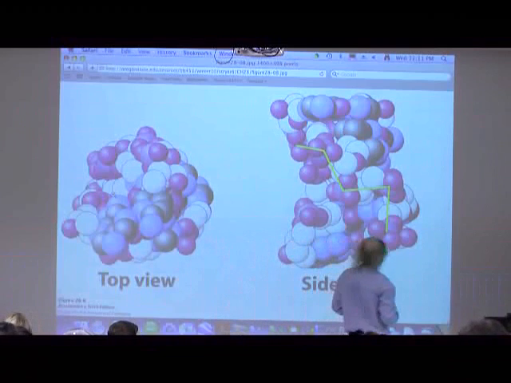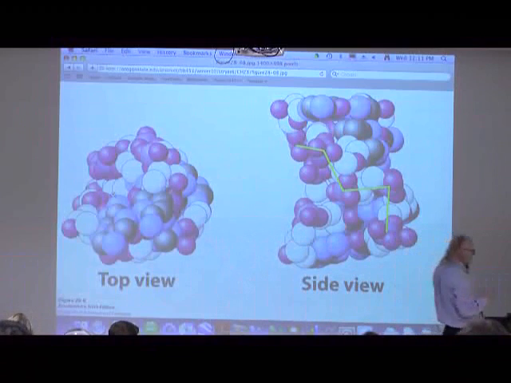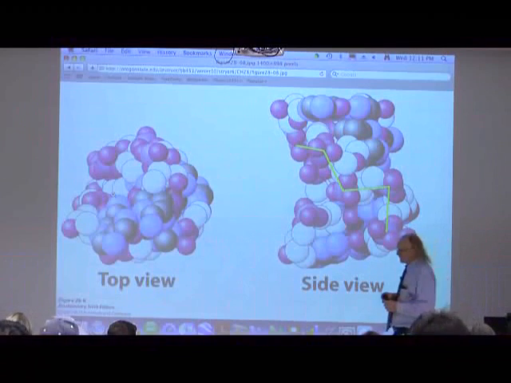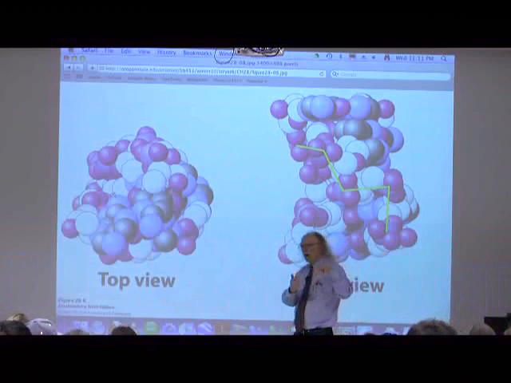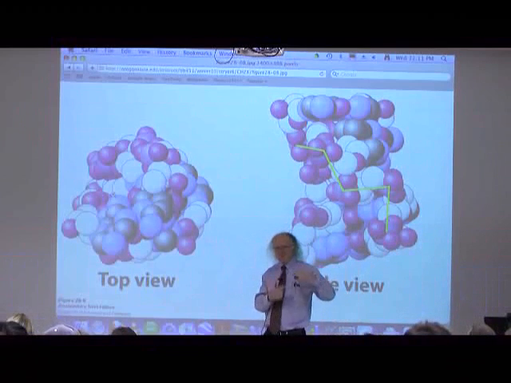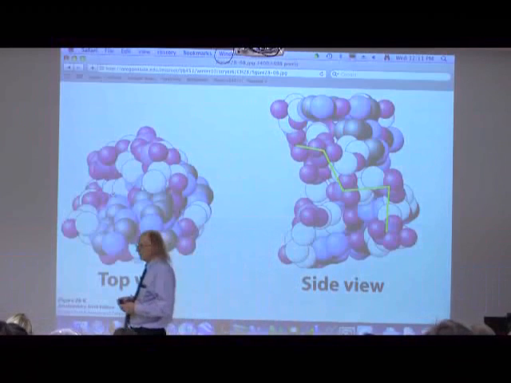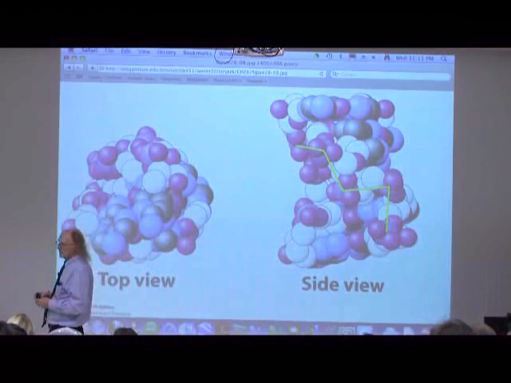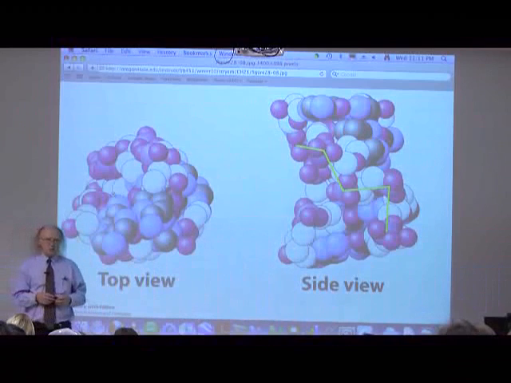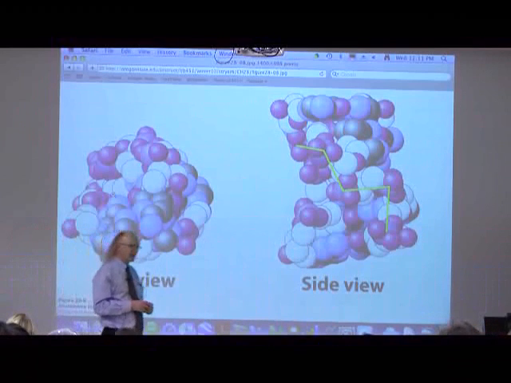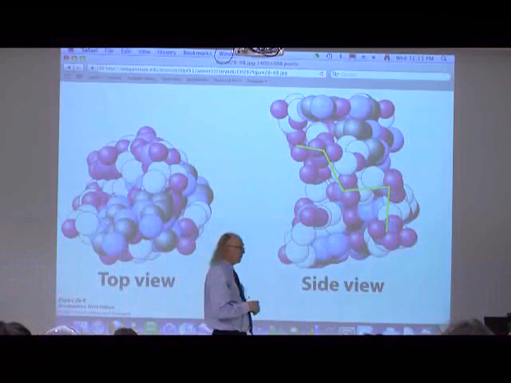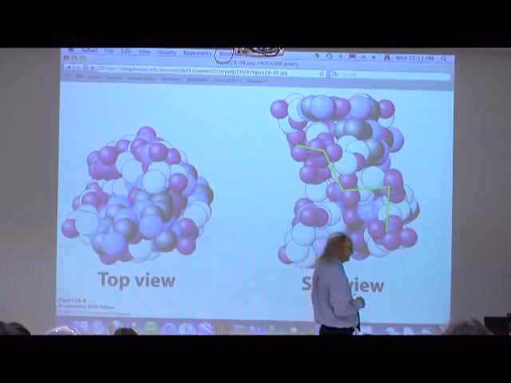Another aspect of the Z form of DNA, and hopefully it'll make some sense when I describe it later, is that the strands are twisted around each other in the opposite way that the strands are twisted in the A form and the B form. So Z-DNA has strands twisted in what we refer to as the left-handed form. They create what's called a left-handed helix.